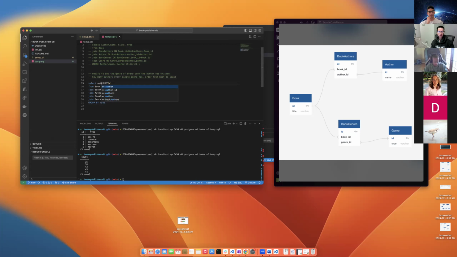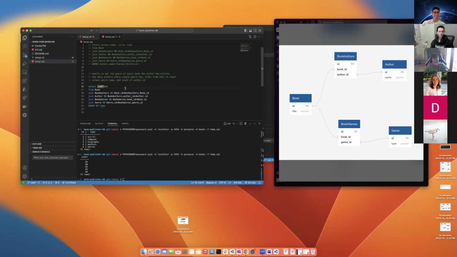Nope. What I think would be good to output is select maybe the genre type, and then count, as Allison says in the chat, the author ID, because remember, author IDs are unique. Oh, so you're not wanting author name.